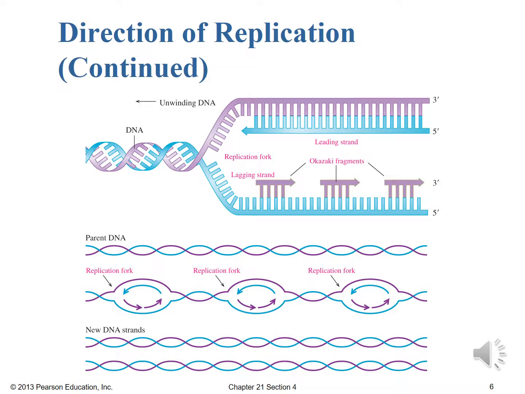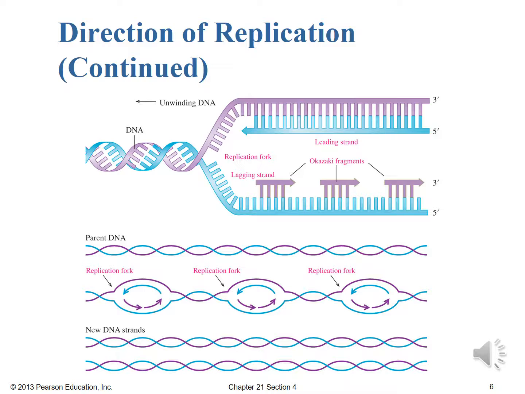Here we see that as a cartoon, which makes it maybe a little easier to understand than that unwieldy wording on the previous slide. You see we're unwinding, we get that leading strand that forms very quickly, and then that lagging strand forms in segments that are then joined together later.